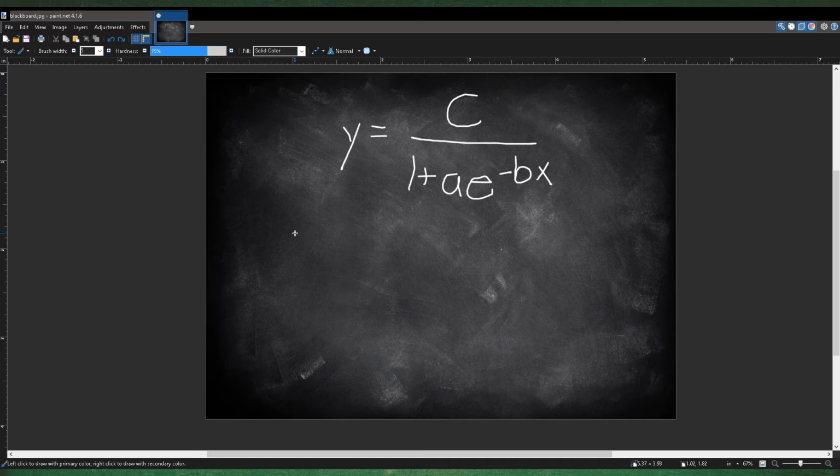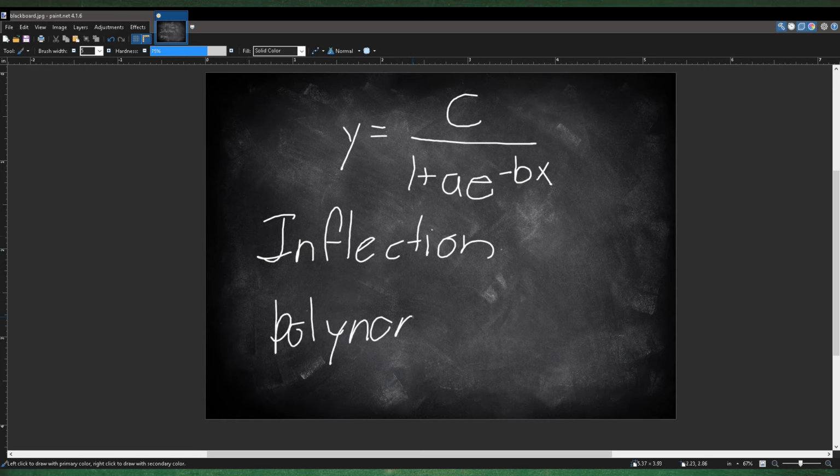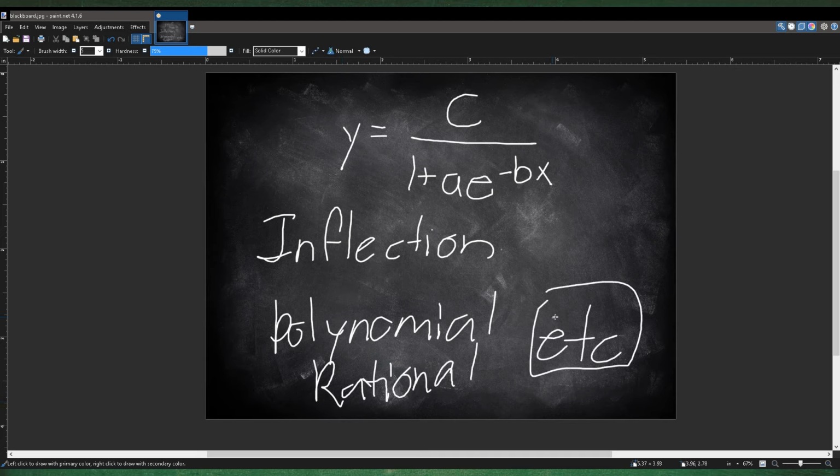There's also one more property, which is called an inflection point. Inflection points could be covered in polynomials and rationals, and also in more types of graphs.